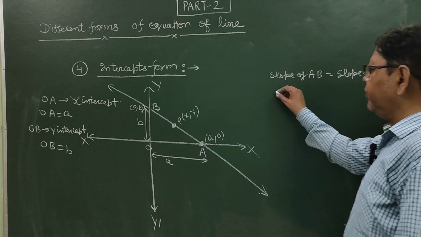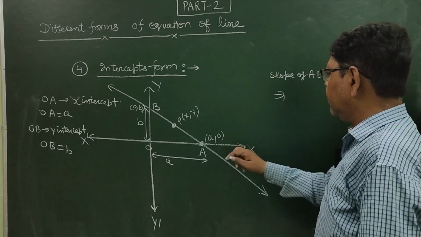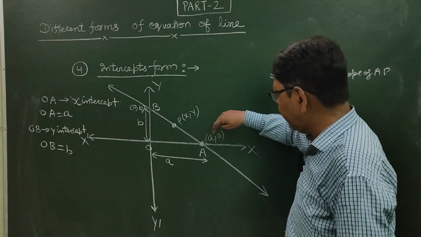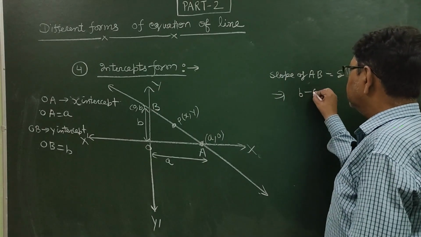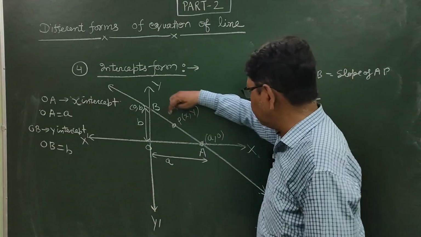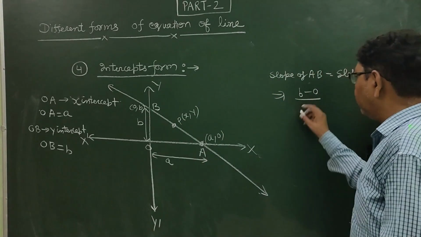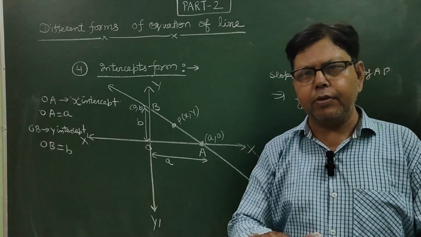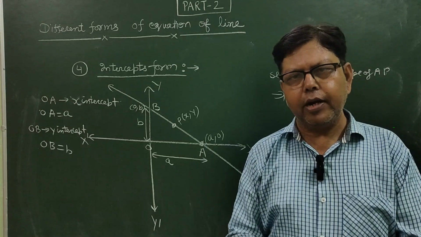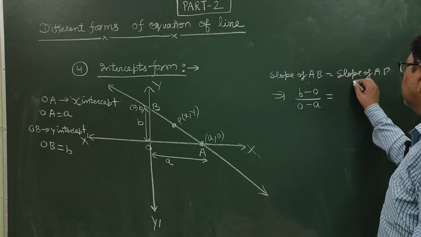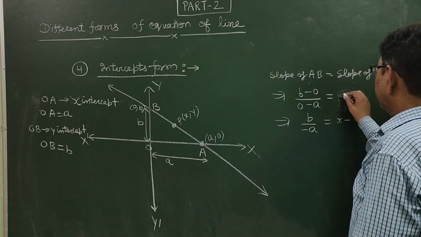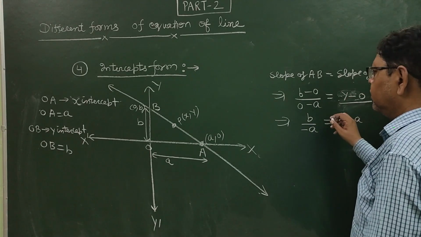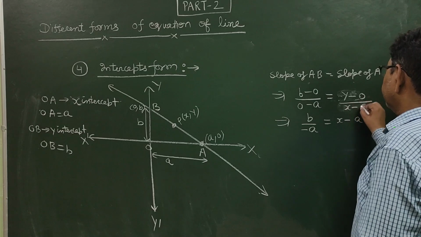So the slope of AB you can find using the difference of y coordinates, that is b minus 0, upon the difference of x coordinates, that is 0 minus a. This is equal to the slope of AP: the difference of y coordinates, that is y minus 0, upon x minus a.